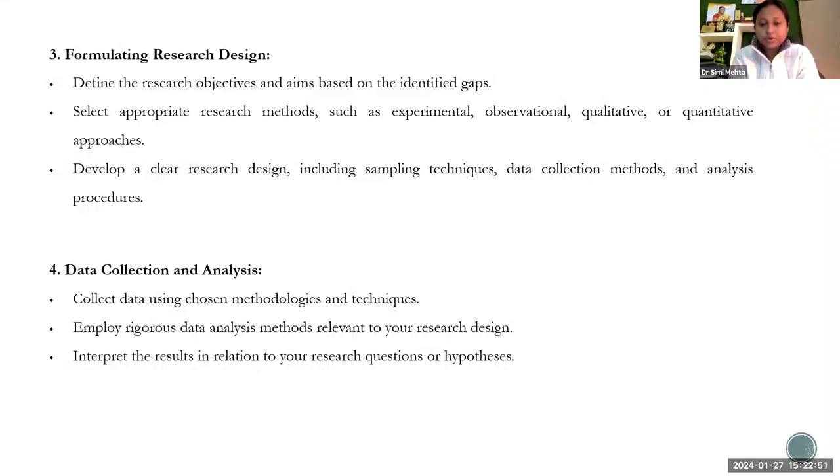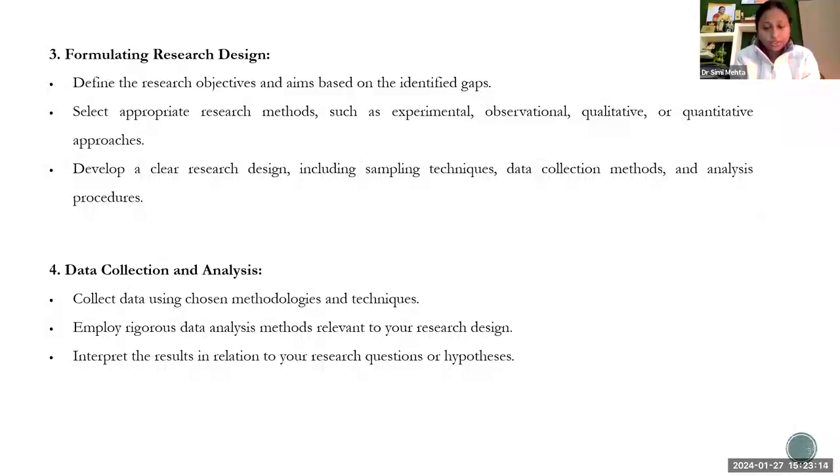For example, if yours is a study based on archival research, then you have to present an archival study as a research methodology. Or it may be experimental, observational, qualitative or quantitative, or a mix of all the approaches, or even action-based research.